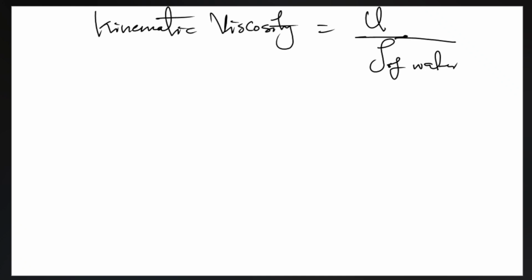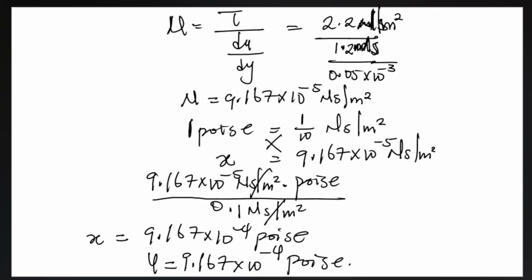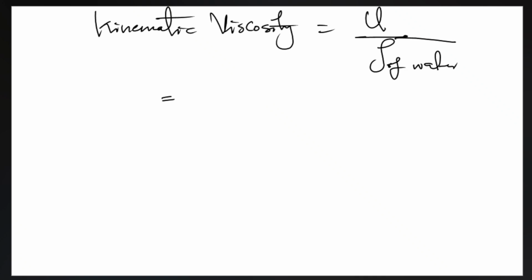We already know the value of our dynamic viscosity, which was 9.167 times 10 raised to the power of minus 5, divided by the density of water.